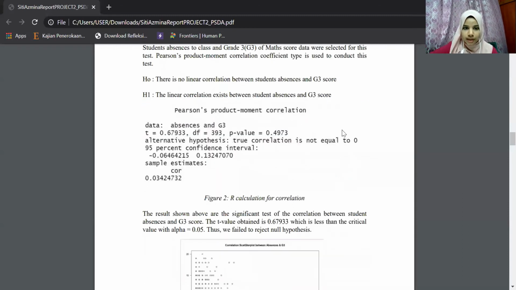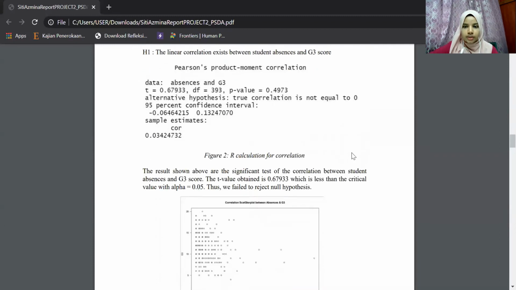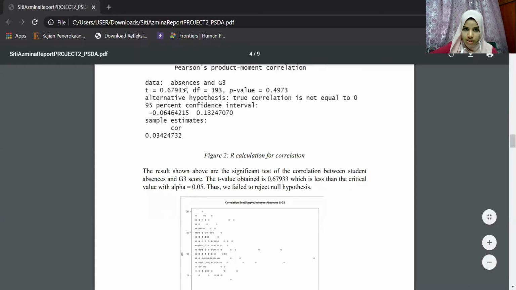Based on the results that I got, the t value obtained is 0.67933, which is less than the critical value with alpha 0.05. Thus, we fail to reject the null hypothesis.